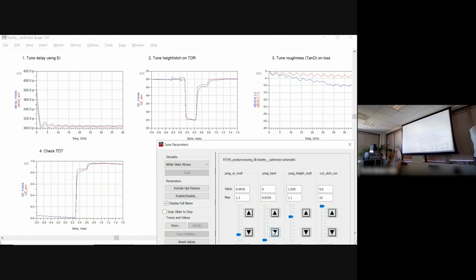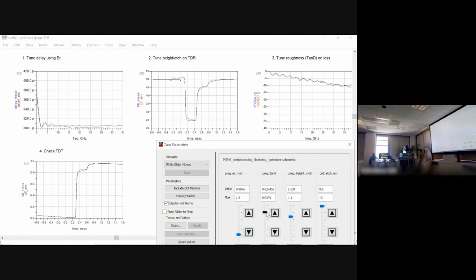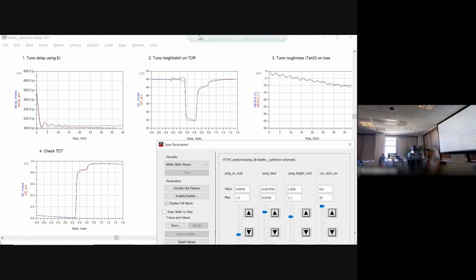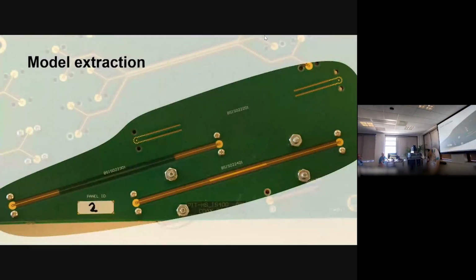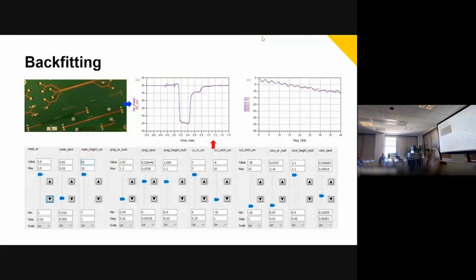And finally, we can have a look at the loss. So that's the upper right corner. Tune tangent delta to match more or less. This way we have extracted the parameters for one layer. We can repeat the exercise for example, 2 layers or 3, and that way get a more trustworthy model of the substrate.